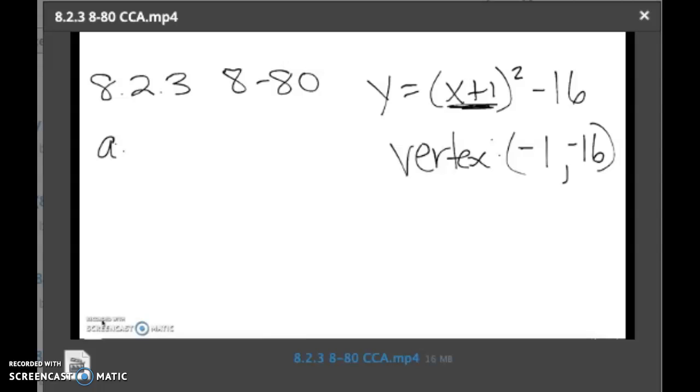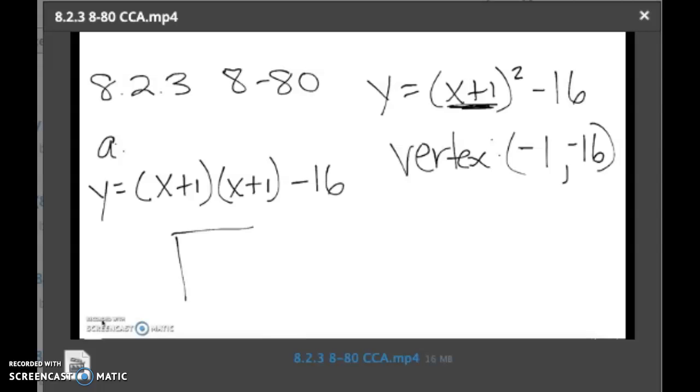Now we have to find our x-intercepts. The first way we're going to do it in part A is getting this into standard form and then using the zero product property. So I'm going to rewrite this. I have (x plus 1) squared, which just means (x plus 1) times (x plus 1), and then I have that minus 16 as well. I'm going to put this into my generic rectangle and solve for the inside.